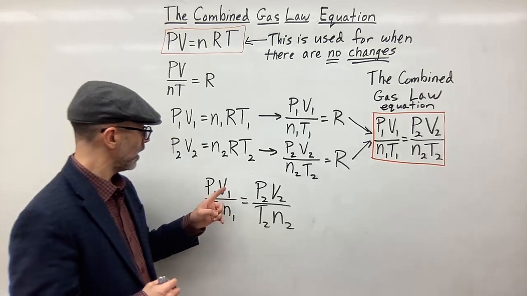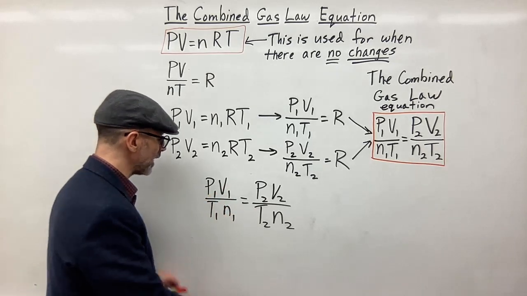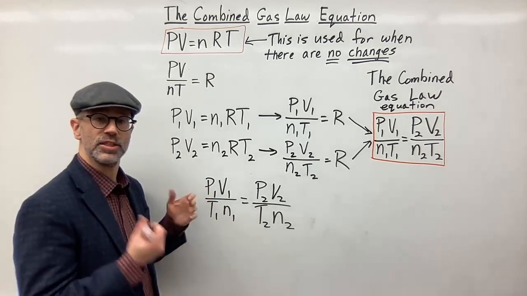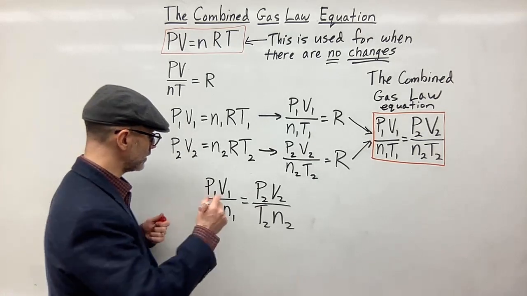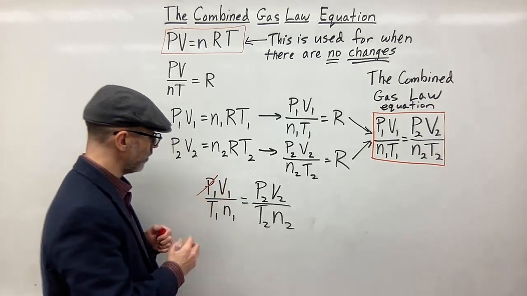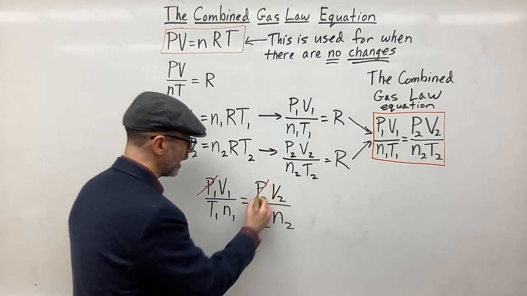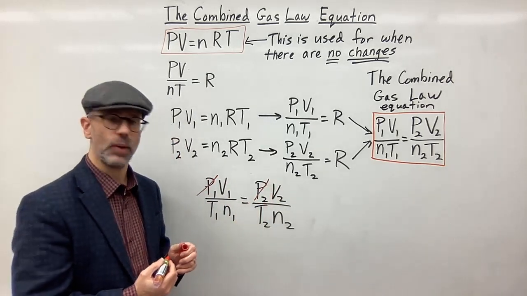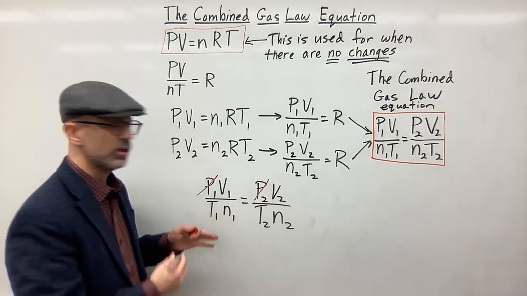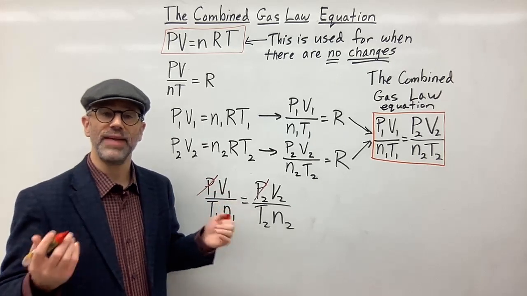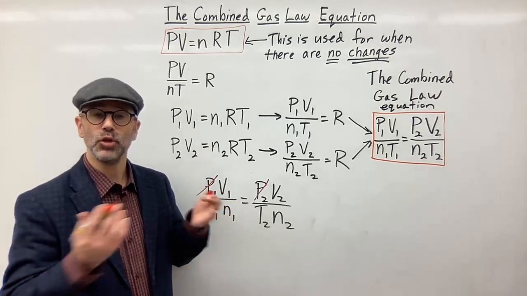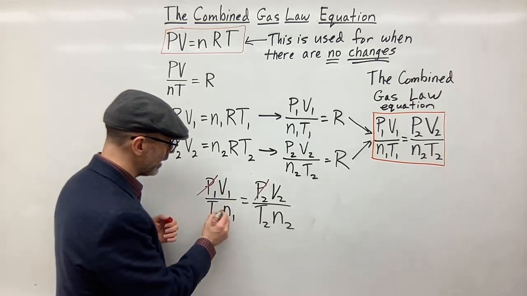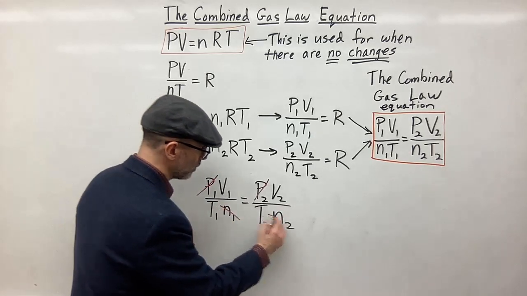So in that case, I would eliminate the pressure because the pressure is held constant. So P1 and P2 get eliminated from the equation. And maybe the amount of gas isn't mentioned, or I'm told that it's constant. Either way, I can eliminate it from the equation.